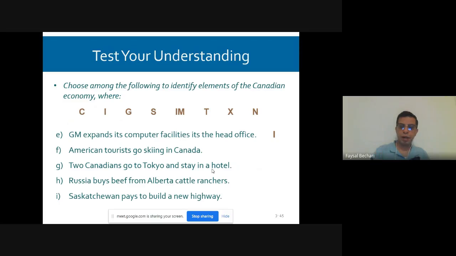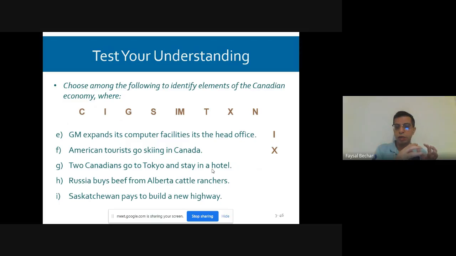And when an American tourist comes skiing in Canada, that means it's an export. Although the American is coming here, he's bringing money and consuming here. So it's called an export.